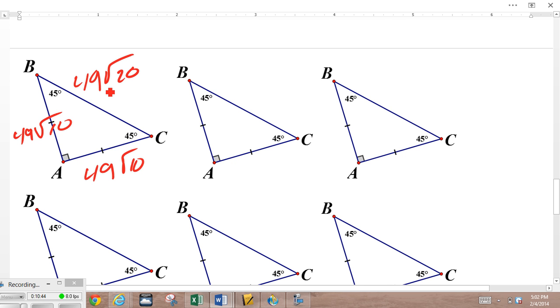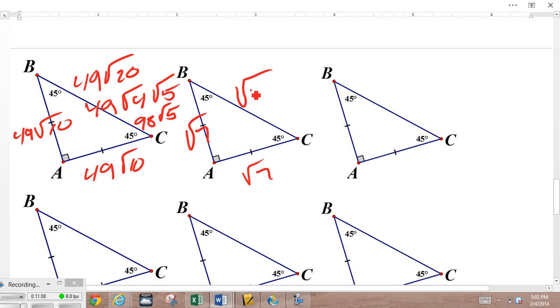Of course, you don't want to leave radical 20 there, so you got to clean it up a little bit. So we'll just say it's 49, the square root of 4 times the square root of 5. Square root of 4, of course, becomes 2, so it becomes 98, the root of 5, right? Okay. The root of 7, the root of 7, the root of, you guessed it, 14, right?